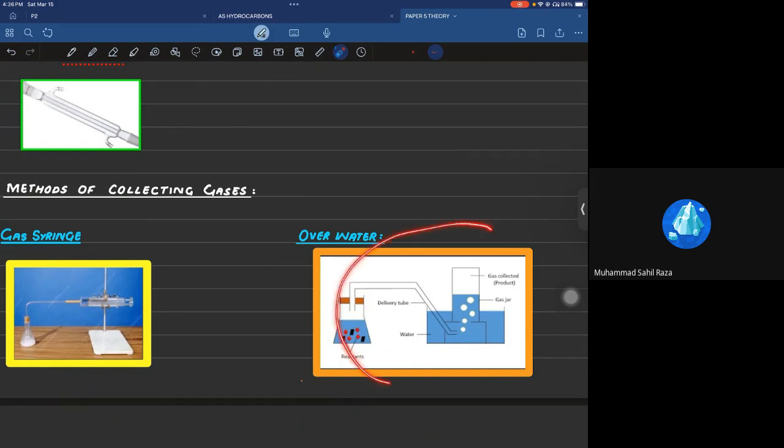Otherwise, this method would fail. So by this method, you can only collect gases which are insoluble in water. You can see the bubbles, and this empty area is your collected gas.